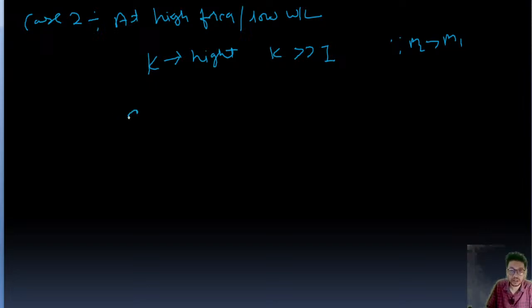So the maximum value of sin k by 2 is going to be almost equal to 1, since the maximum value of sine is 1.